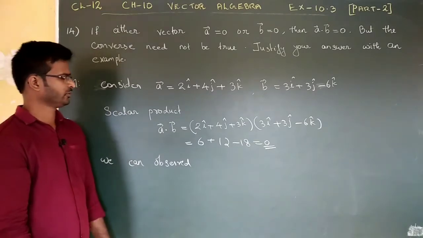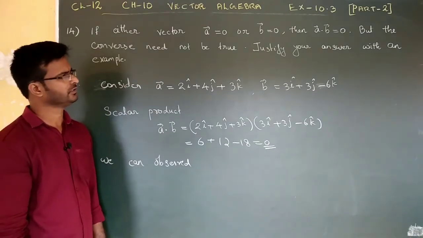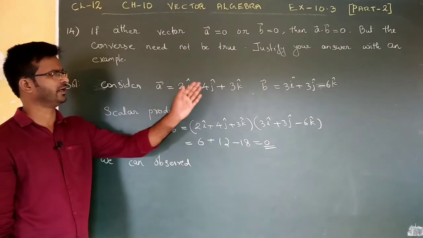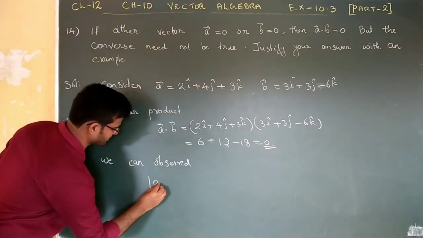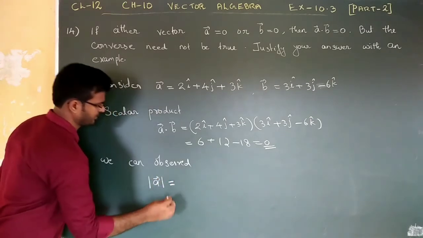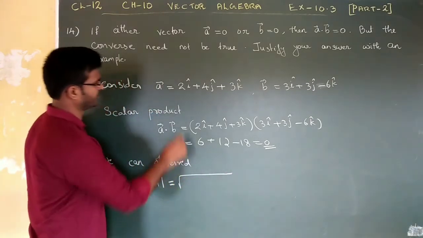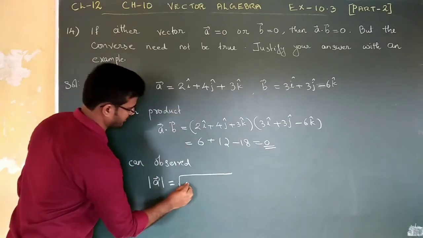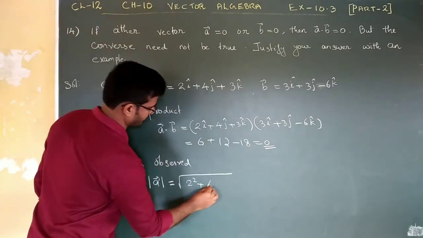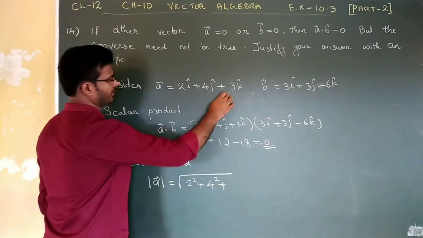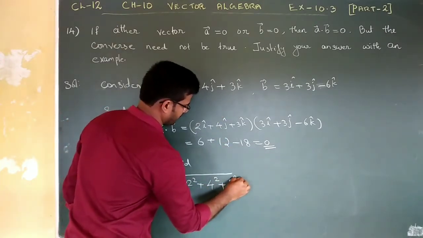We got A dot B is 0. Now we will check whether vector A and vector B are zero vectors or not. Magnitude of A is the square root of the i component squared, 2 squared, plus the j component squared, 4 squared, plus the k component squared, 3 squared.